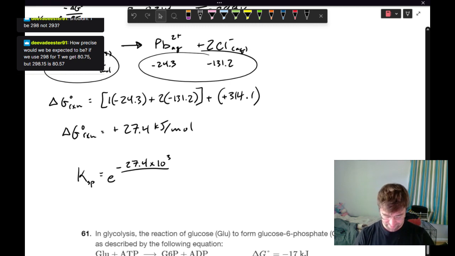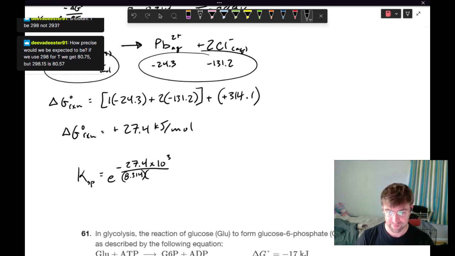All right, let's get our solubility constant. We have R is 8.314. And our temperature, are we working at standard temperature? Yes, we are. So it's 298. That gives us E2. I'm going to check this again because 27.4 times 10 to the third divided by 8.314 divided by 298.